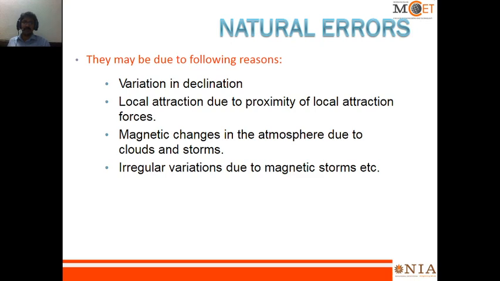And the last one is the natural error: variation in declination, that is between the true north and the magnetic north; that declination is out of our control, because it is a natural thing. Local attraction due to the proximity of local attraction force, magnetic changes in the atmosphere due to clouds and storms, irregular variation due to magnetic storms. This cannot be controlled by us, it is because of nature alone, right?